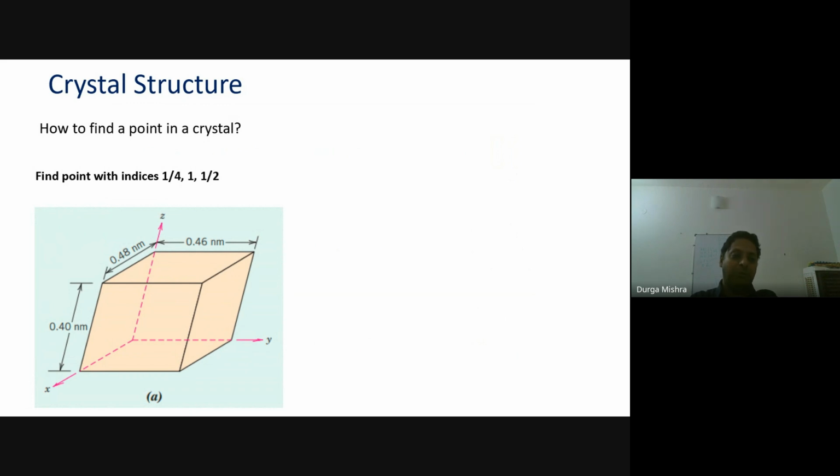So 0.48 nanometer along the x-axis, 0.46 along the y-axis, and 0.40 along the z-axis. So we can say A is in this case 0.48 nanometer, B is 0.46 nanometer, and C is 0.40 nanometer. Now the question is, we want to find a point which represents the indices 1/4, 1, and 1/2. This is a point we want to find in this unit cell. So how do we do that?